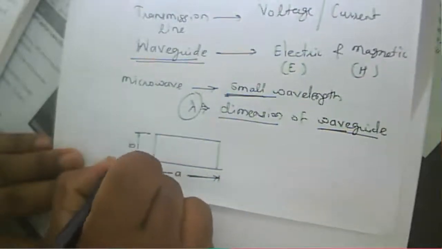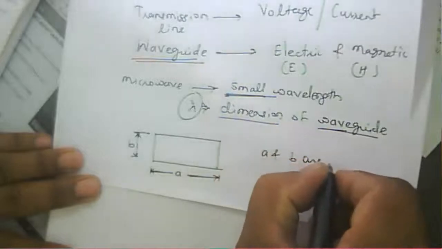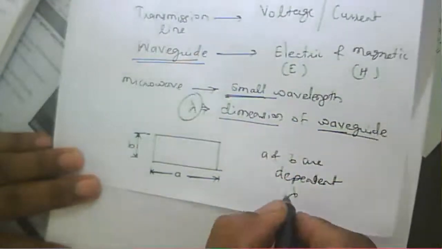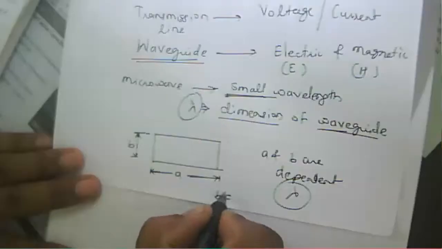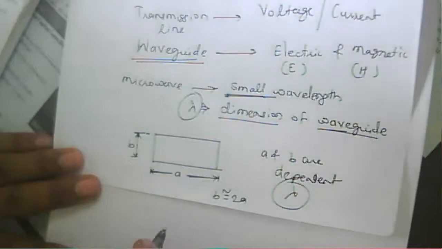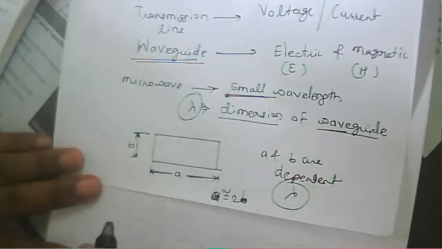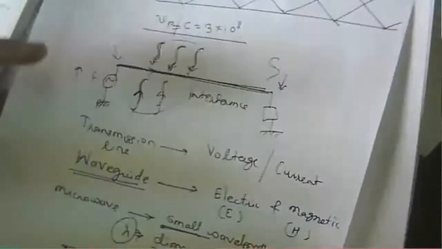The dimensions A and B are dependent on the wavelength, so whatever the wavelength, A and B change. In the general case, A is approximately equal to twice B. A is always greater than B. So you can consider that the dimensions of a waveguide depend upon the wavelength.